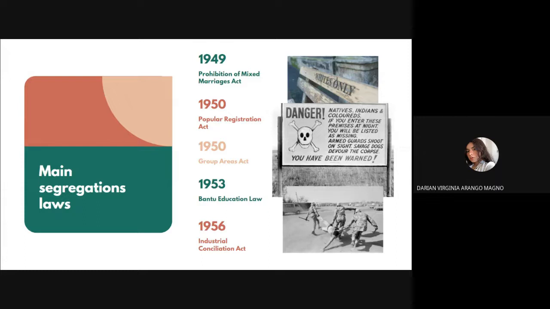Another segregation law is the Group Areas Act, enacted in the 1950s. It established the obligation to live in separate residential areas. In order to enforce this law, thousands of people were removed and forced to leave their homes and relocate in places designated for their racial group.